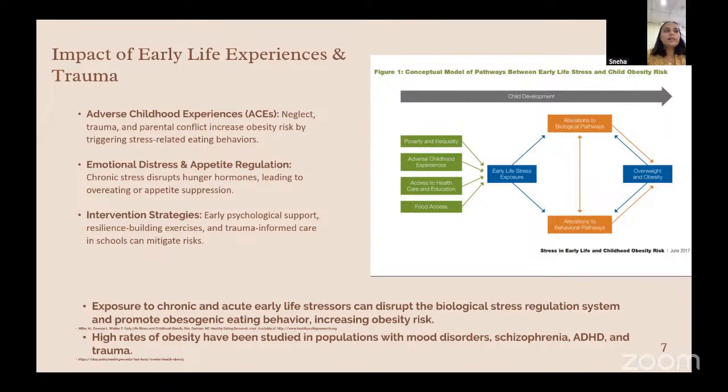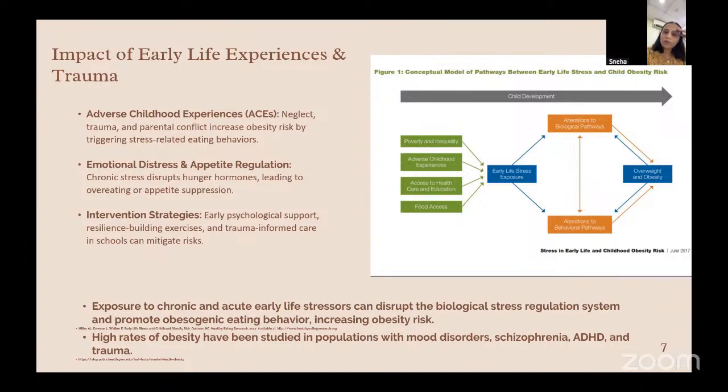Here we can see how chronic stress exposure leads to activation of the HPA axis and increased cortisol levels, and also disrupts sleep, dysregulates the reward system, and reduces prefrontal cortex activity.